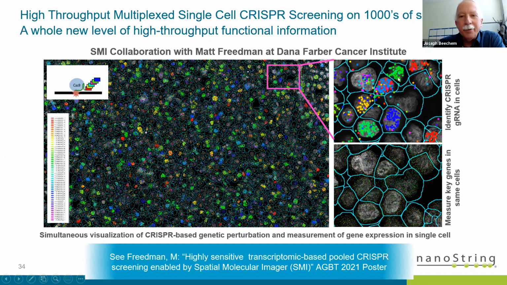Take that cell with all the little green dots in the upper right, that would be just one guide RNA, and you can count how many are in there. Then look at the cell next to that green one, and you see a mixture of green and red, so at least probably two types of guide RNAs in that cell, and no guide RNAs in the cell next to it, and so on. So you end up with a spatial map of the guide RNAs and the combinations of guide RNAs in each individual cell. Now you've got 1,000-plex worth of genes coming along for the ride here.